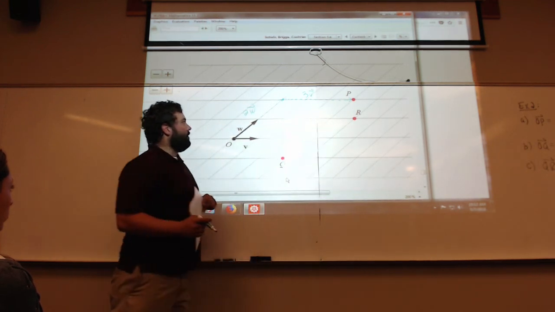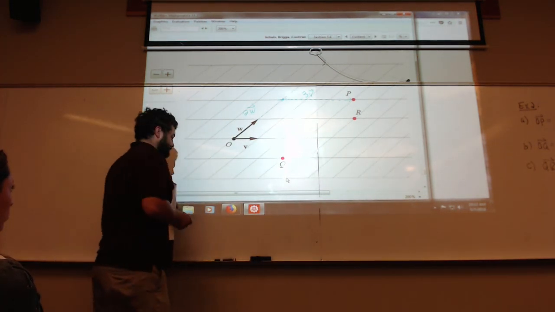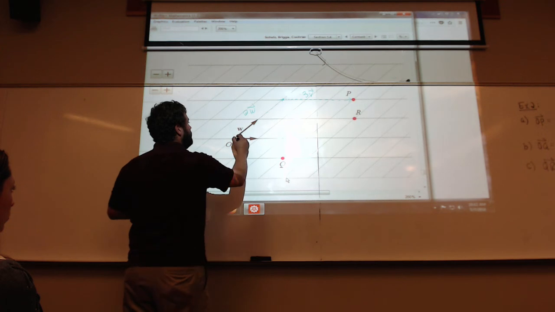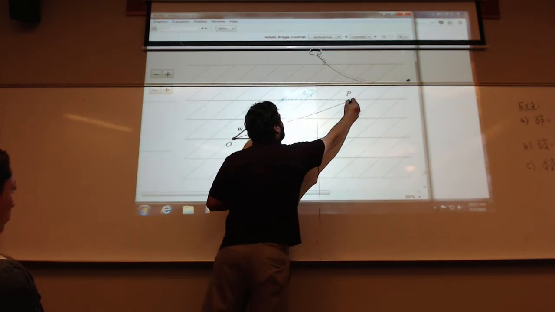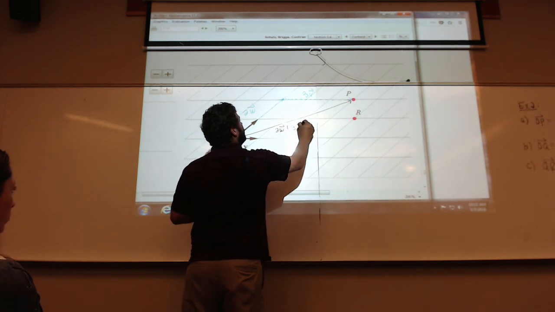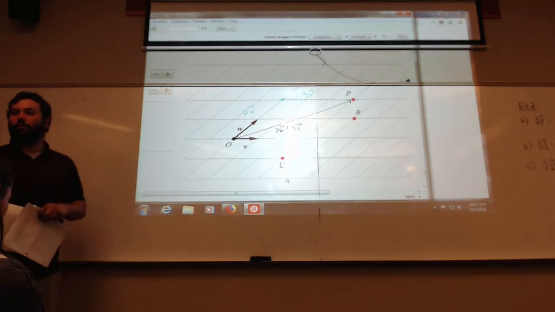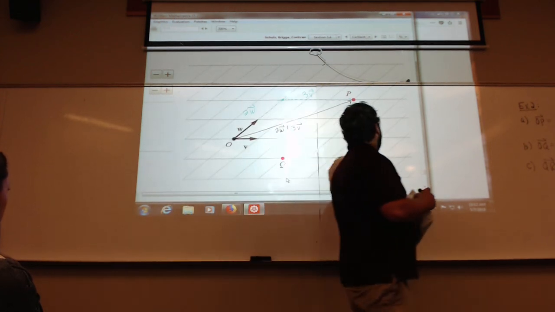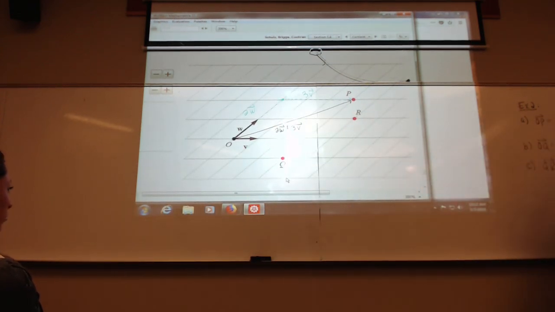That would be 3V. And then OP would just be 2W plus 3V, if I use the triangle rule.